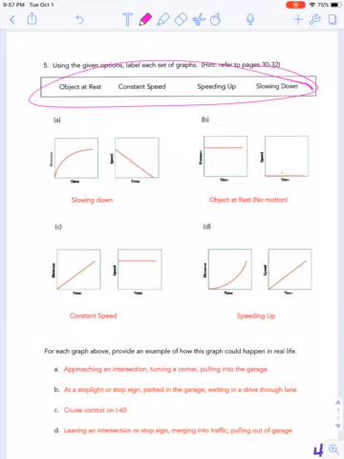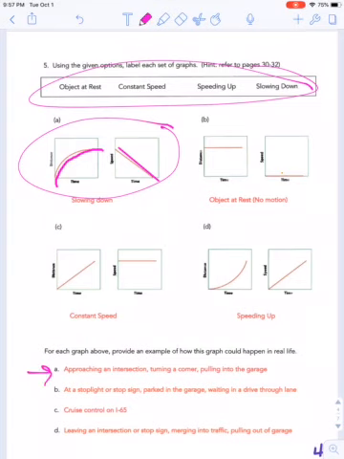All right, so on a distance time and speed time graph with slowing down, over time our distance is getting shorter, so we're slowing down. So a real life application might be we are approaching an intersection. We're turning a corner. We're pulling into a garage. We are entering a roundabout. Anytime we need to slow our speed down, this is what the graph would look like.